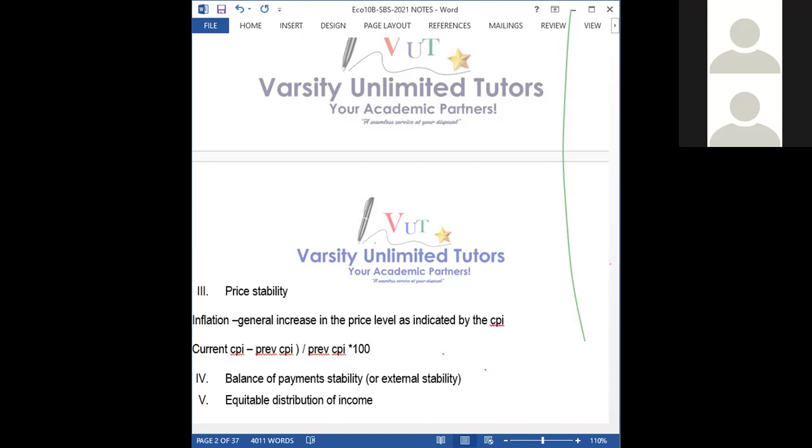So the current year's CPI minus the previous year's CPI, divided by the previous year's CPI, times 100, would give you the level of inflation, or the percentage of inflation, prevailing within a particular nation or country.